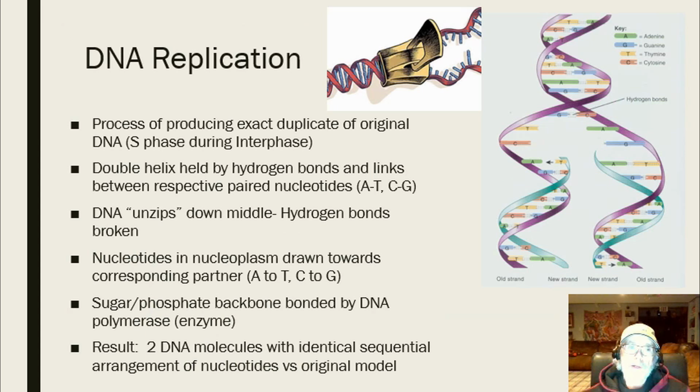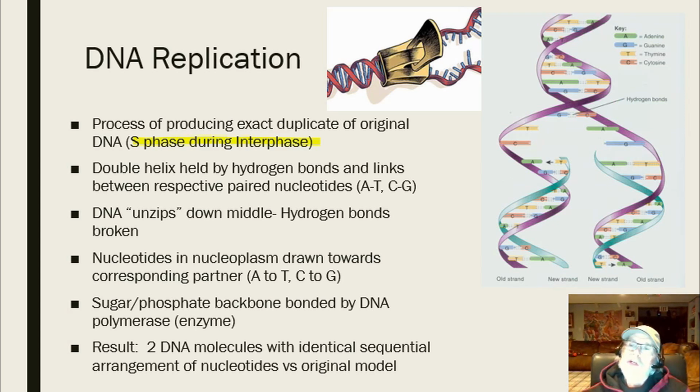Okay, now DNA replication. Now, we talked a little bit about this before. What happens is during that S phase, when we go to that S phase during interphase, remember, the nucleus has how many chromosomes? 23 pairs, even though they're not in that dyad structure.